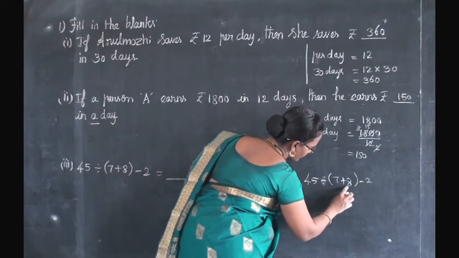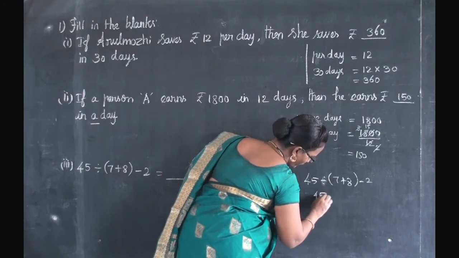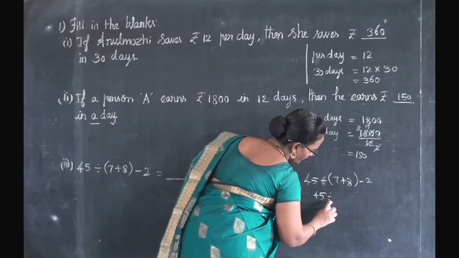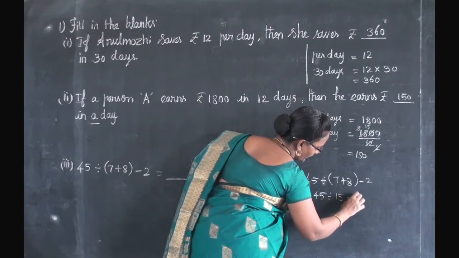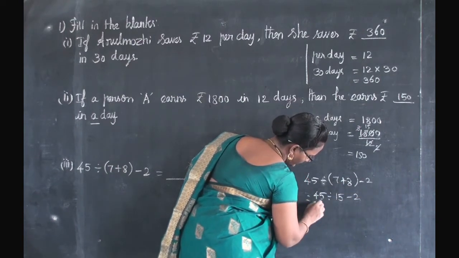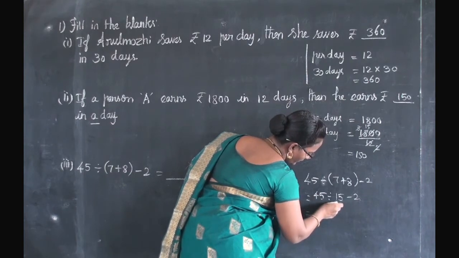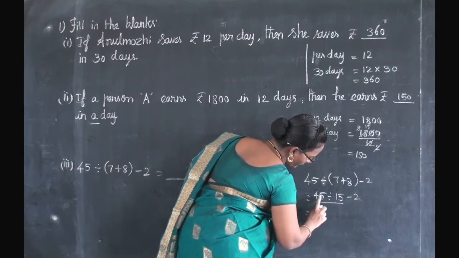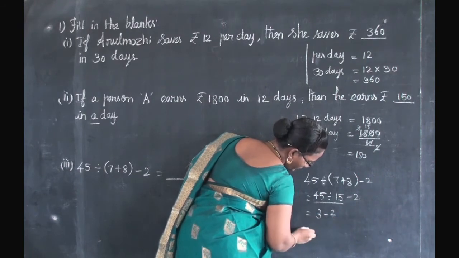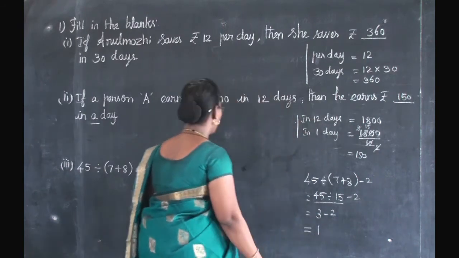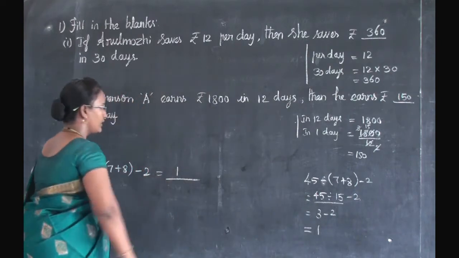So first solve the brackets. 45 divided by 7 plus 8, 15, minus 2. And next step, division is first. So 45 divided by 15 means we get 3 minus 2 and then the answer is 1. So 1 is the answer here.